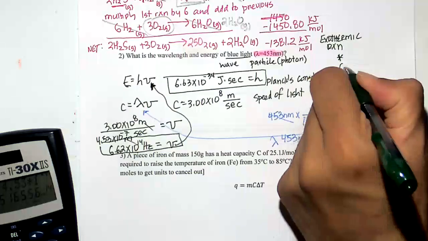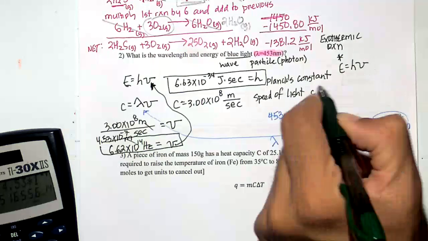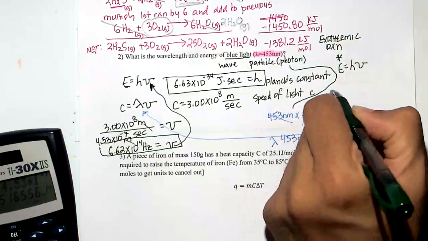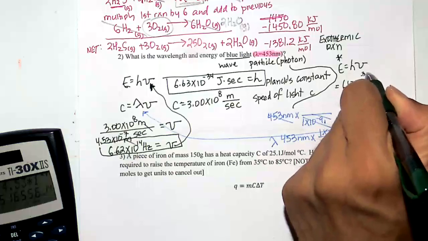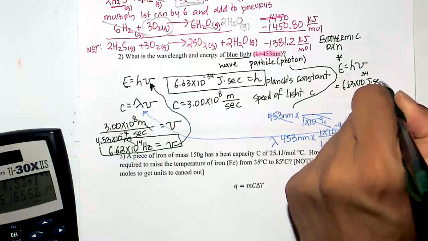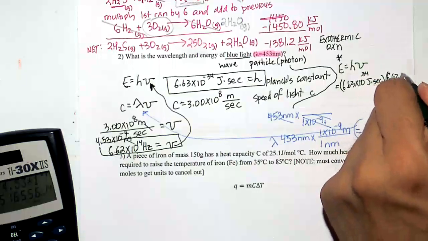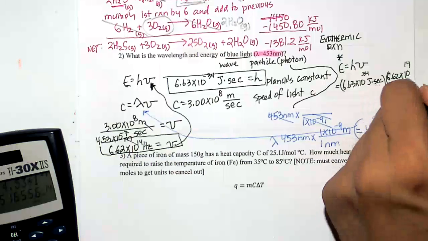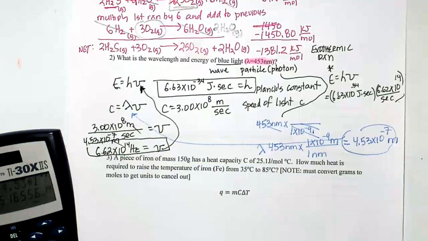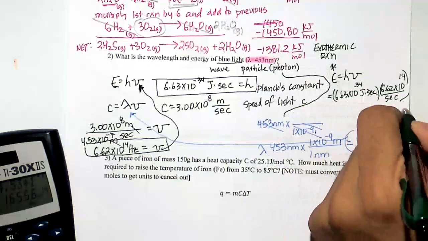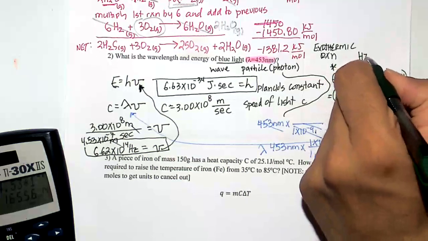So E is equal to h v. 6.63 times 10 to the minus 34 joules times second, times 6.62 times 10 to the 14 hertz. 1 hertz is inverse seconds, because remember, hertz is equal to 1 over seconds.